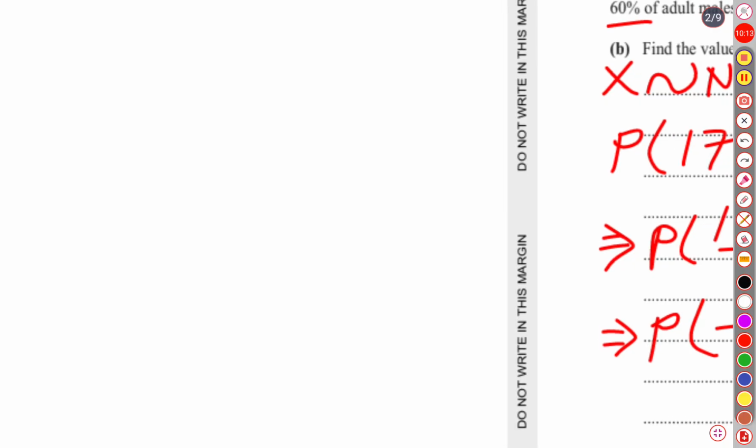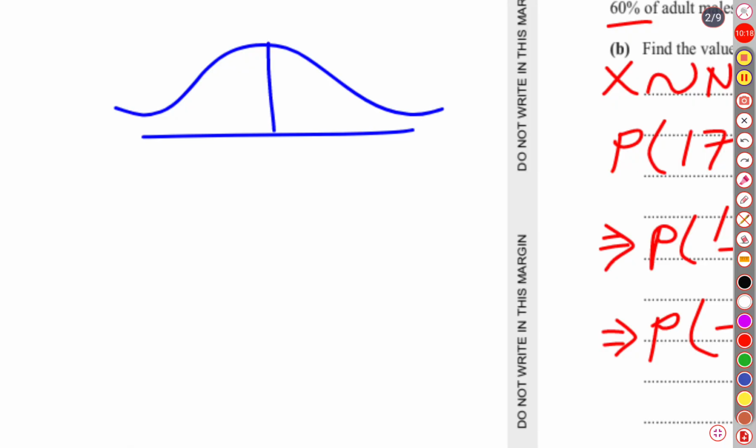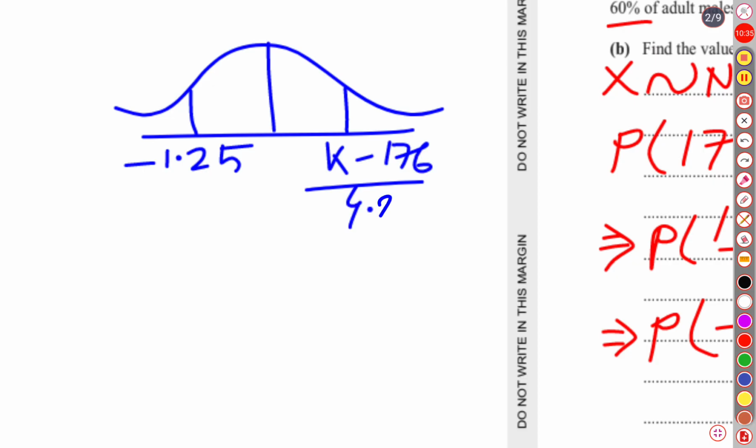Suppose this is our graph. From this graph, here our z-score is negative 1.25 and another one is (k minus 176) over 4.8, and this is 0. So which part is our probability? Our probability is actually this.